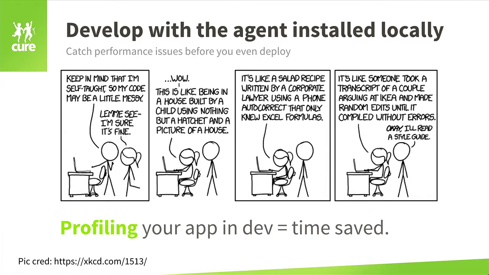But one of the side benefits was, I had to install the agent on my local machine, and I started realizing, hey, this thing I wrote is crap, right? I was starting to catch profiling issues. There were some significant performance problems with some of the rewrite work that we had done. And I was picking that up in the development environment on my local laptop as I'm running the system. So just a tip, I think it's a good idea.